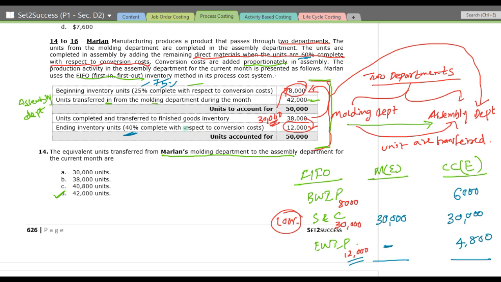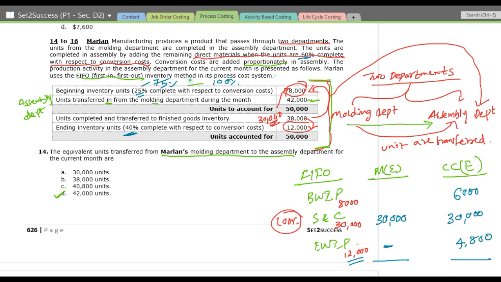Now it is 25% complete with regard to the beginning working process, that is material. But we will add materials when the units are 60% complete with respect to conversion cost. It was 25% complete in the molding department. We are sitting in the assembly department, so we will work from 25% to 100%.